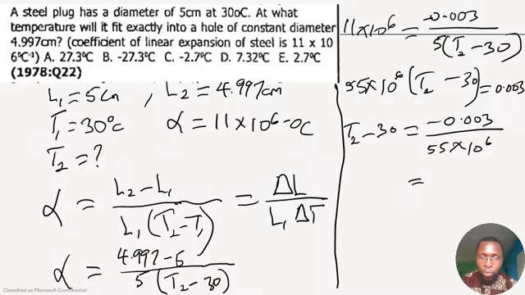Now using our calculator, we have 0.003 to be divided by, if you multiply 55 by 1 million, we'll be having 55 million, divided by 55,000,000. That will be equal to 5.45.